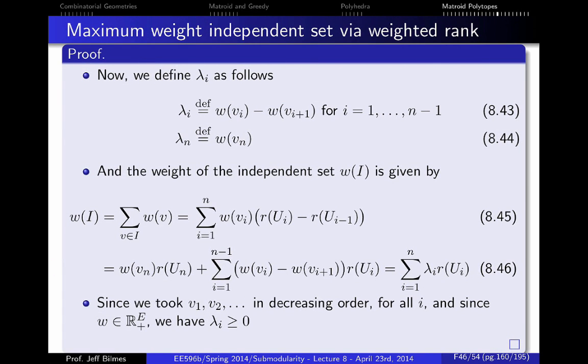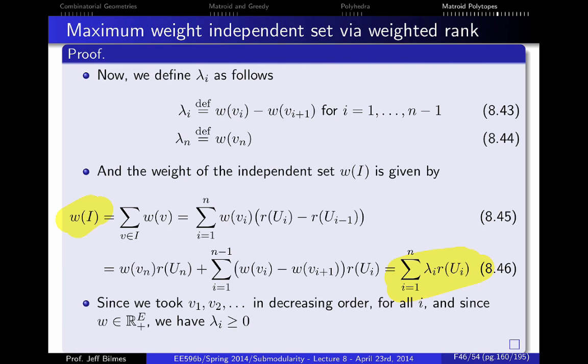So just to make sure that you remember what we're trying to prove, basically we're trying to show that the greedy algorithm gives you the solution to the maximum weight independent set. Now, I is that maximum weight independent set. This is the value of the greedy algorithm, the output of the greedy algorithm.